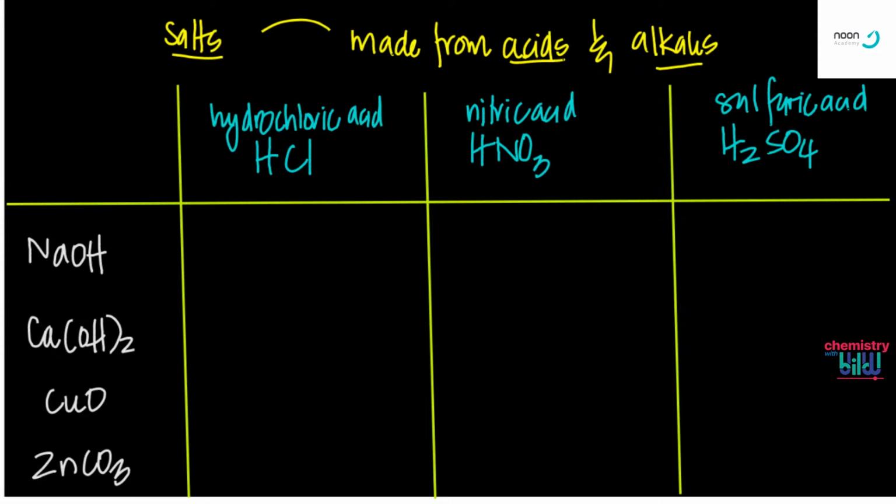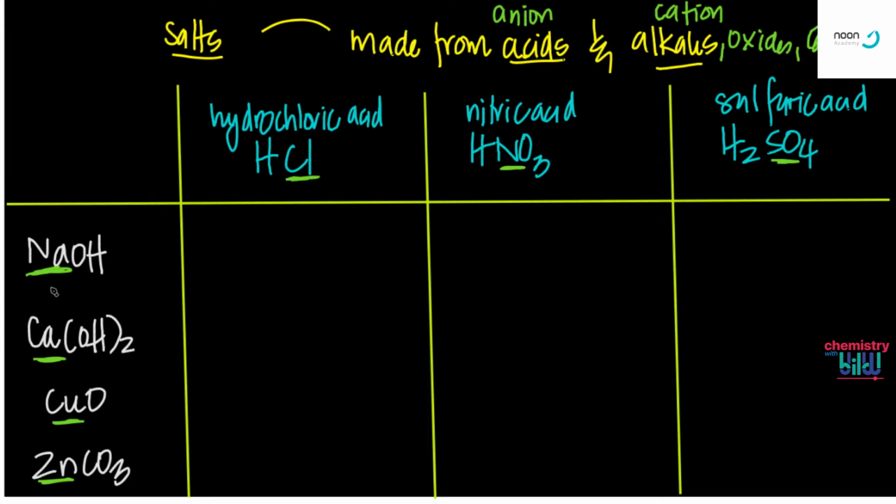And remember where the salt comes from. The salt comes from the anion of the acid and the cation of the hydroxide or the oxides or the carbonates. That's literally it. A salt is made from the anion of the acid and the cation from alkalis, oxides, carbonates, even metals.